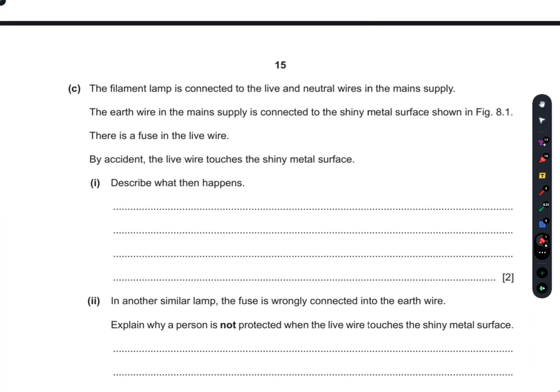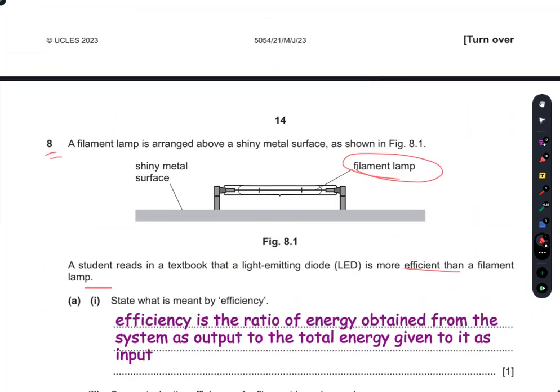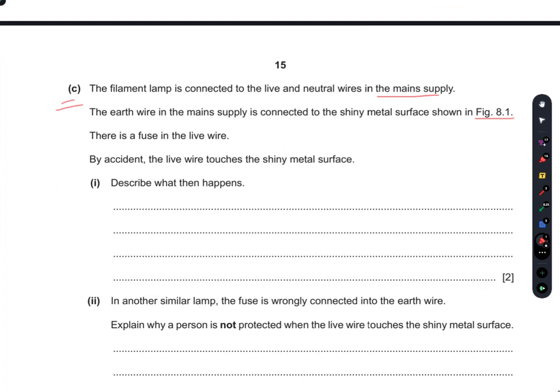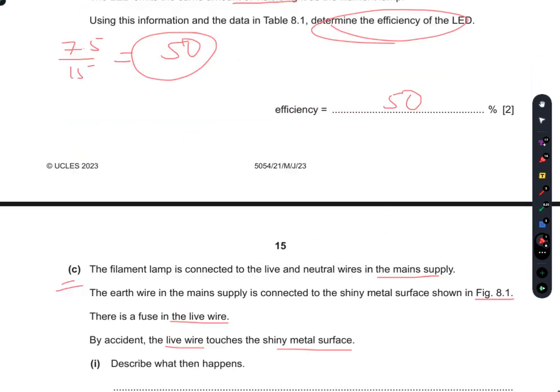Part C. The filament lamp is connected to the live and neutral wires in the mains supply. The earth wire in the mains supply is connected to the shiny metal surface as shown. In figure 8.1 there's a fuse in the live wire. By accident the live wire touches the shiny metal surface. Describe what then happens. As soon as the live wire touches this shiny metal surface, current would start flowing through it.